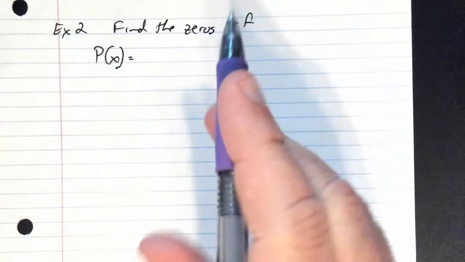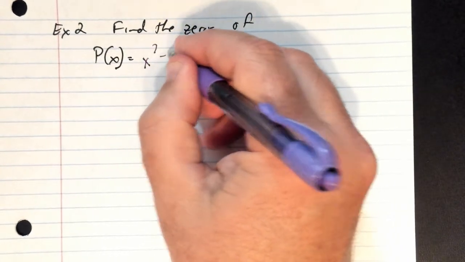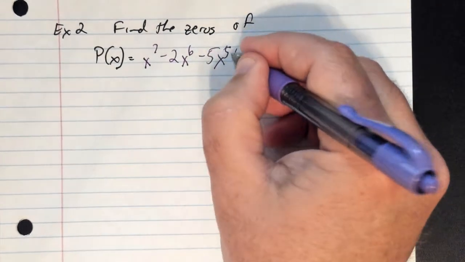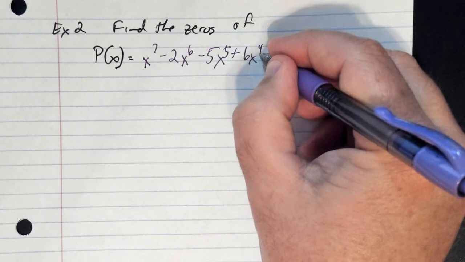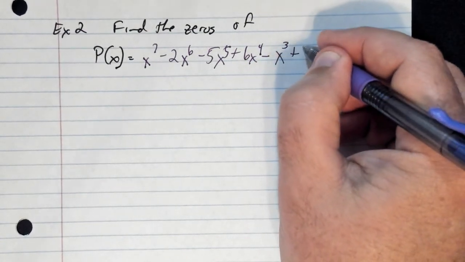I thought I had it written down. We're going to find all the zeros to the following problem. I was going to do something different, but we're going to do this one instead. I'm not going to give you one like this on a test because this is way too long.